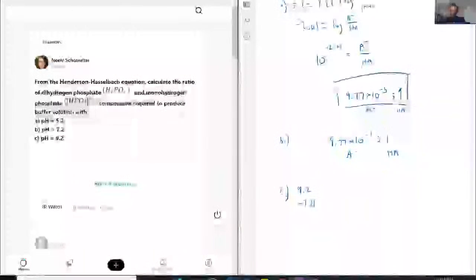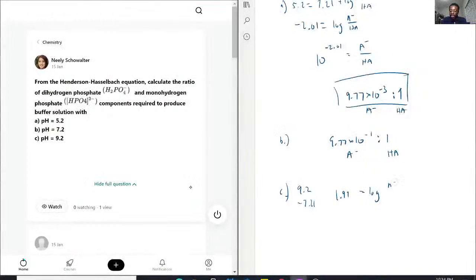We have 1.99, okay? Now what we have to do here is the same thing, it is equal to the log of A minus over HA. And now, what we have to do is find the 10 to the power of 1.99.